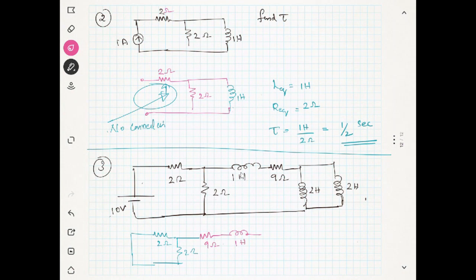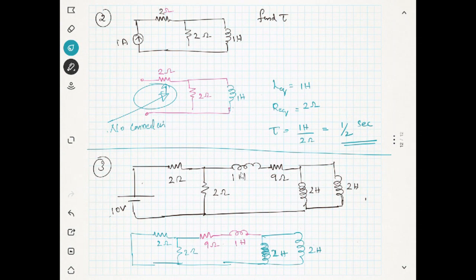Is there any problem? No problem, sir. Now I can see all my coils on one side. This is 2 Henry, again 2 Henry. So now it's very simple.